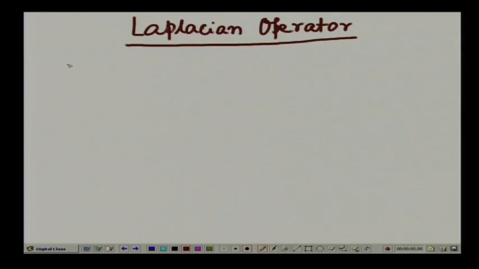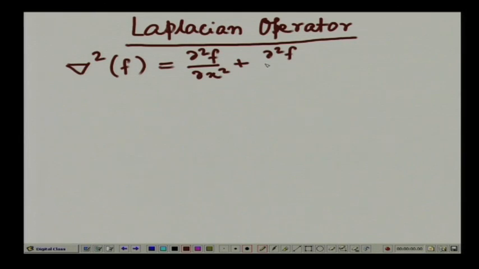As you already know, the Laplacian operator of the function f is given by del 2f del x2 plus del 2f by del y2, where del 2f del x2 is the second derivative along x direction, and del 2f del y2 is the second derivative in the y direction.